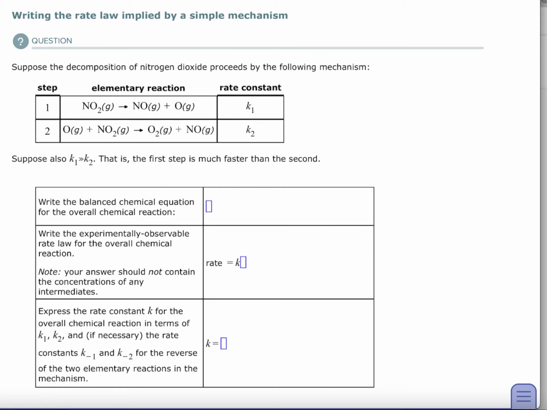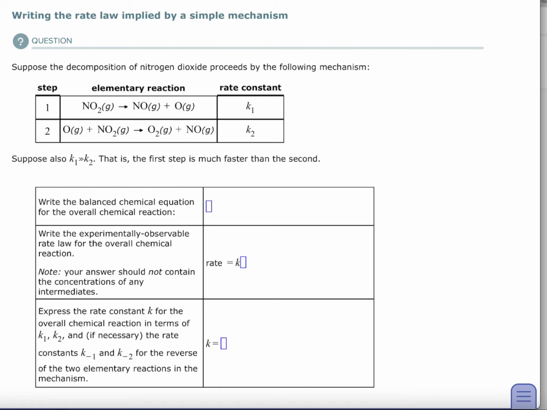If you get step two as your slow step, then you're going to have to do a little more work because you're going to have an intermediate here that has to be got rid of. You cannot have a rate law that includes an intermediate, right? So if you were to have your second one as slow, see it says here the first step is much faster than the second. That means that your step two is your slow step.